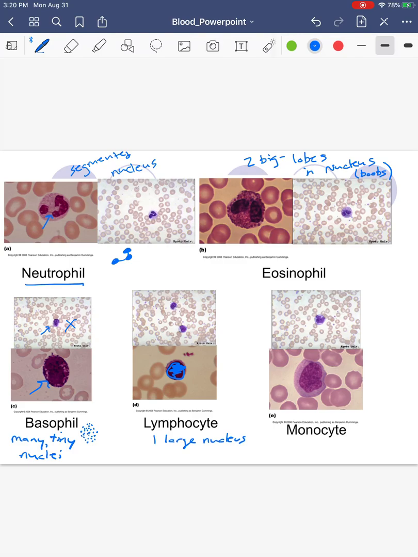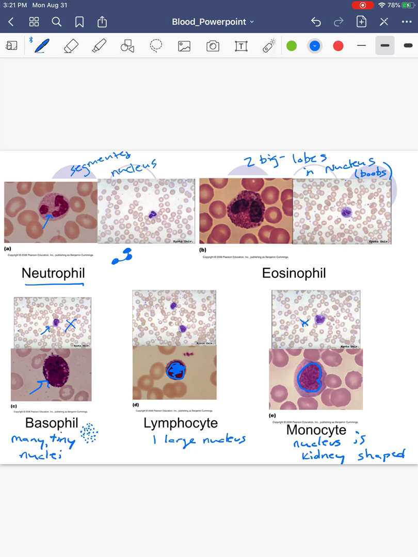Probably the most difficult one to identify, in my experience, would be the monocyte. Some textbooks or websites will say that the nucleus is kidney-shaped. I suppose this picture kind of looks kidney-shaped. This is not a good picture up top.